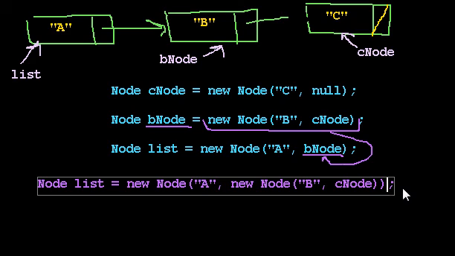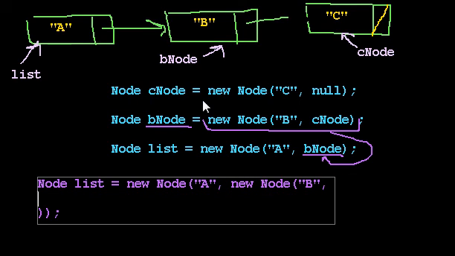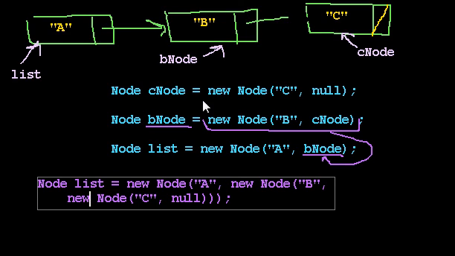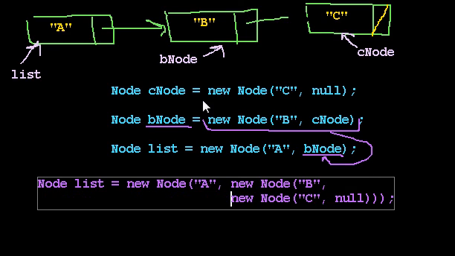And if I'm clever again, I can realize, wait a second, I don't need the variable c node. I could just write exactly what c node is, and c node is a new node with c and null. And I think I've made a bit of a mess here, so maybe we'll write it slightly indented.